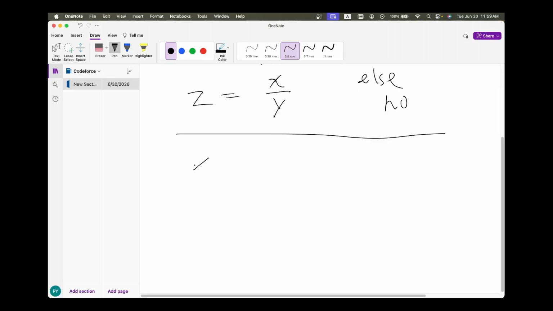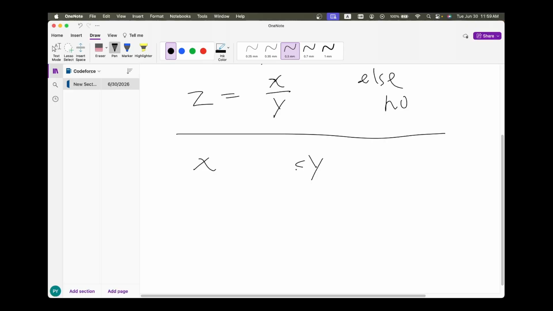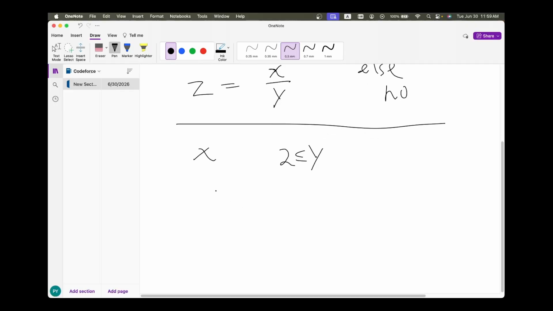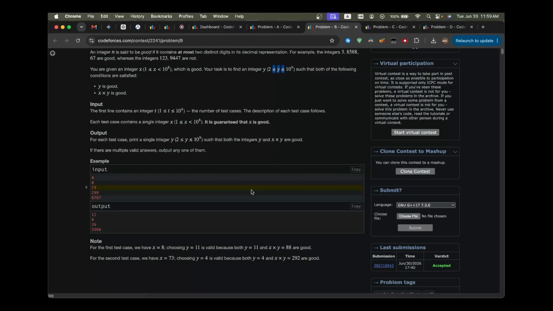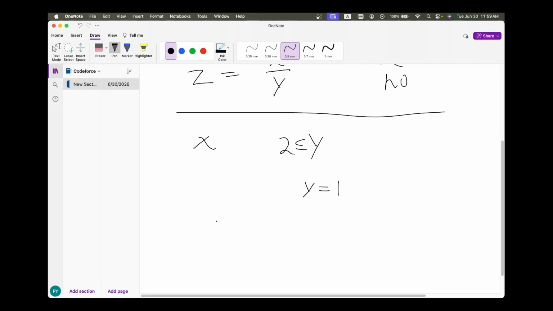So we got x and y. That's a 2. So here, what we begin to notice is you would like y to be equal to 1, but unfortunately, the problem is toxic and it forces y to be greater than or equal to 2. So why do we want y equal to 1?